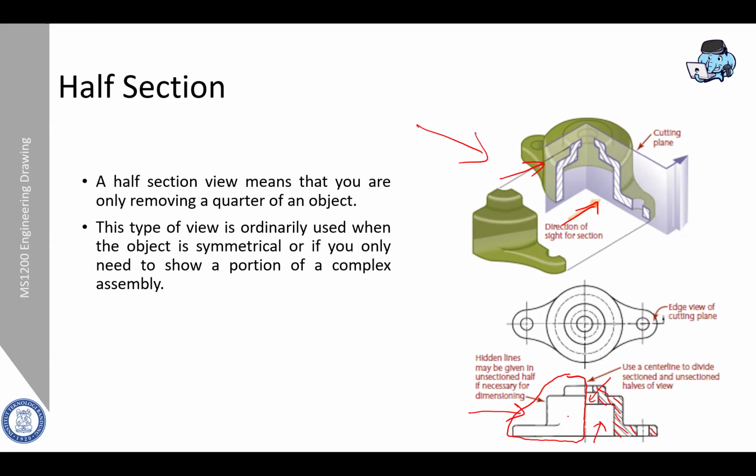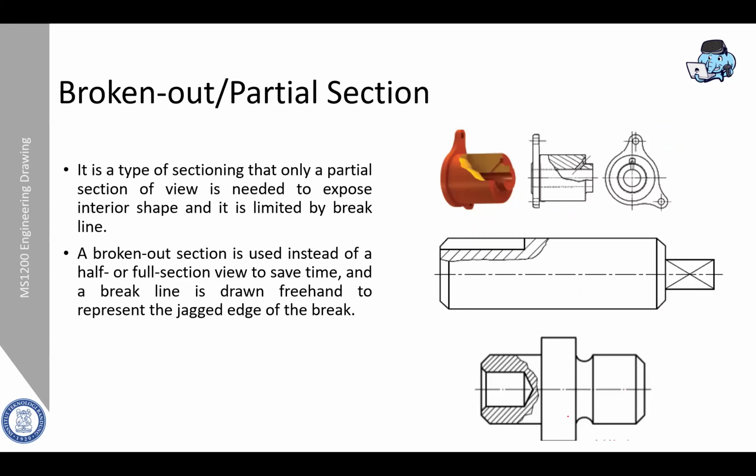Okay, the other type is what we call a broken out or partial section. It is a type of sectioning where only a partial section of view is needed to expose interior shape, and it is limited by a break line. So this is the break line.